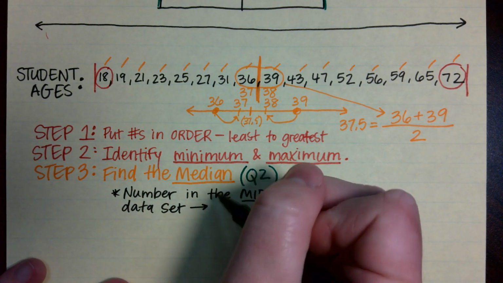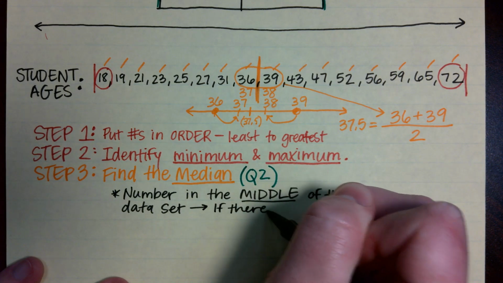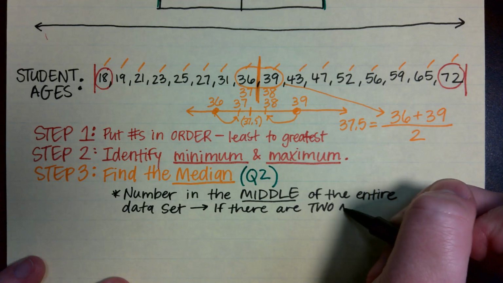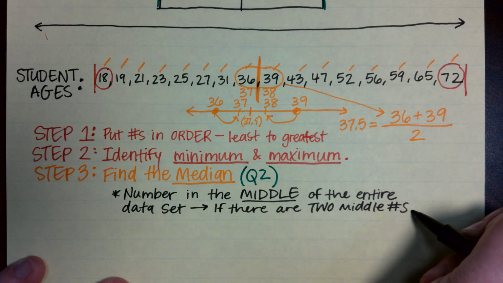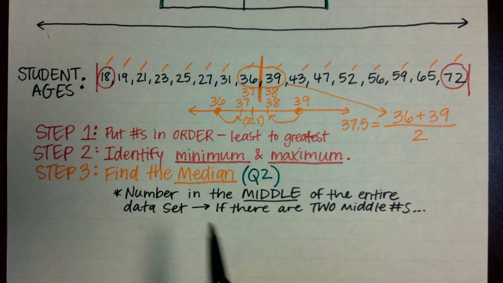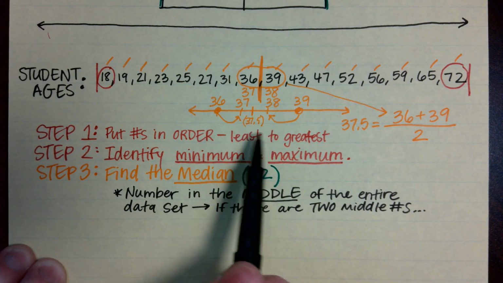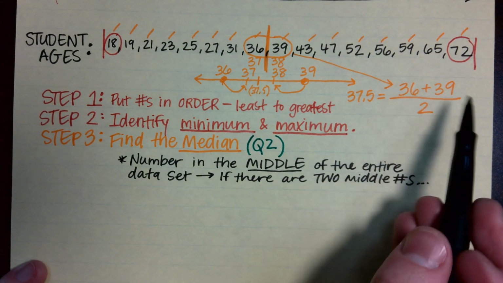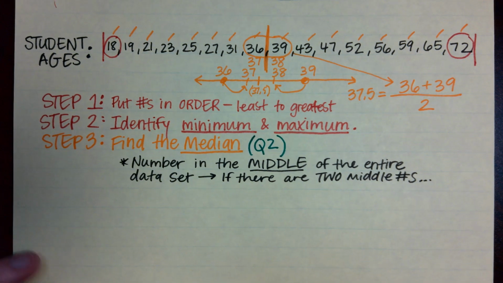We'd say if there are two middle numbers, we can either count towards the middle until we find that half number, or we can add them together and divide by 2. Either one will get you there.